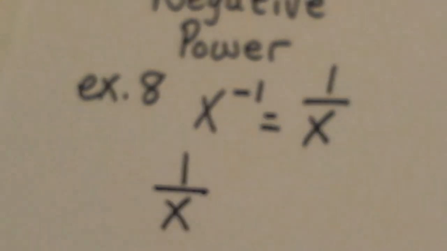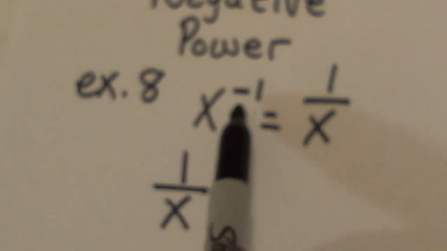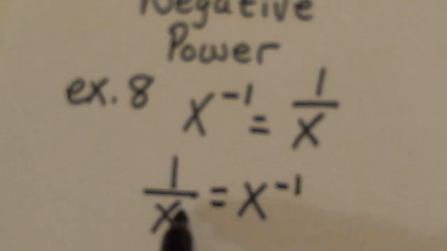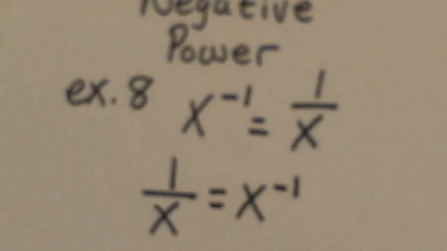If you're given the fraction, since we know that a negative power makes a fraction, we can rewrite it x to the negative 1 power. 1 because our power for x is 1.